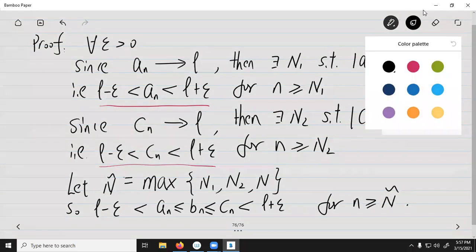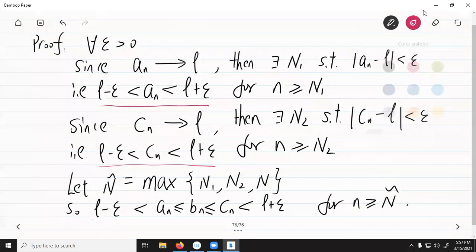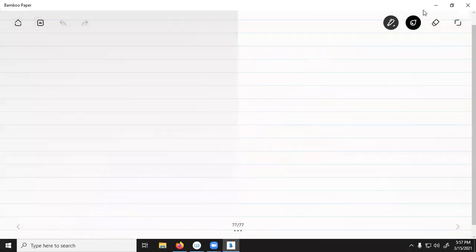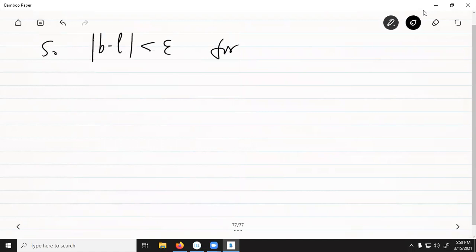Now let's just highlight the thing we are interested in. L minus epsilon is less than bn less than L plus epsilon. What does this mean? It means the absolute value of bn minus L is less than epsilon for n greater than or equal to this n tilde.